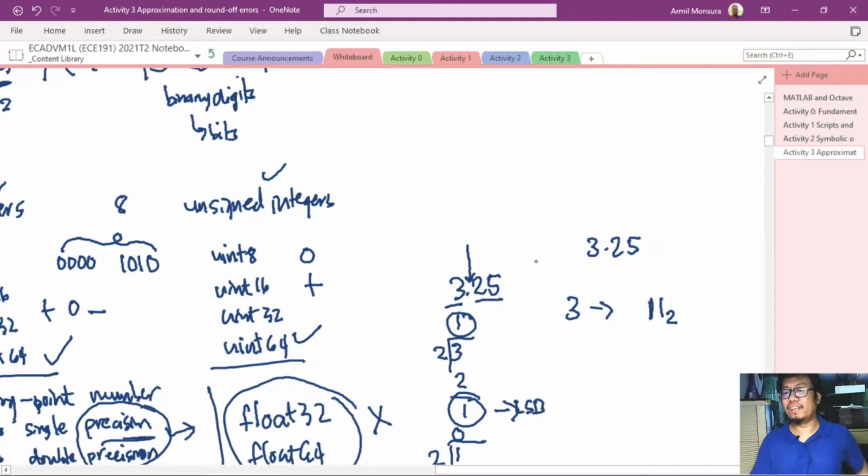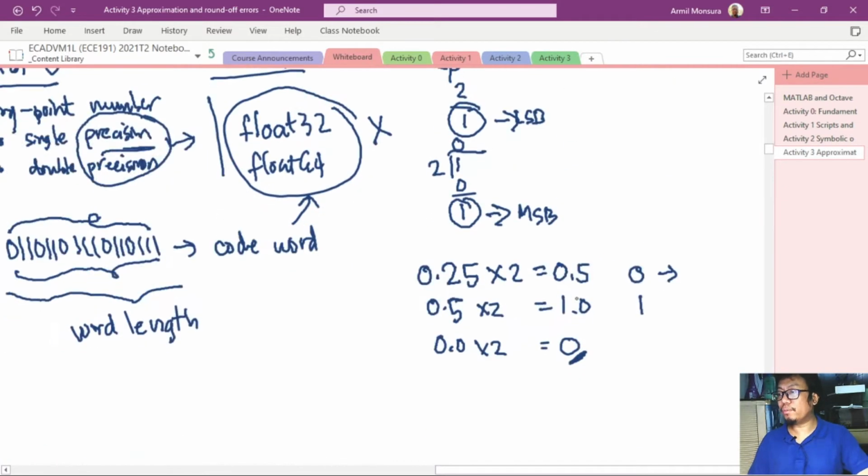But if we are dealing with other bases, we call that point the radix point. So the first whole number that you are getting here is the number that is closest to the radix point.